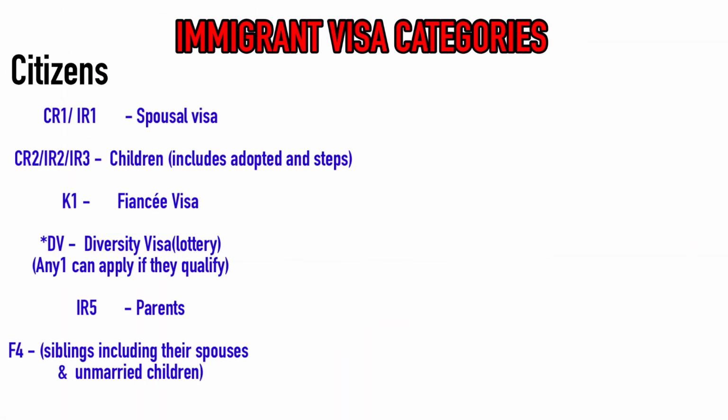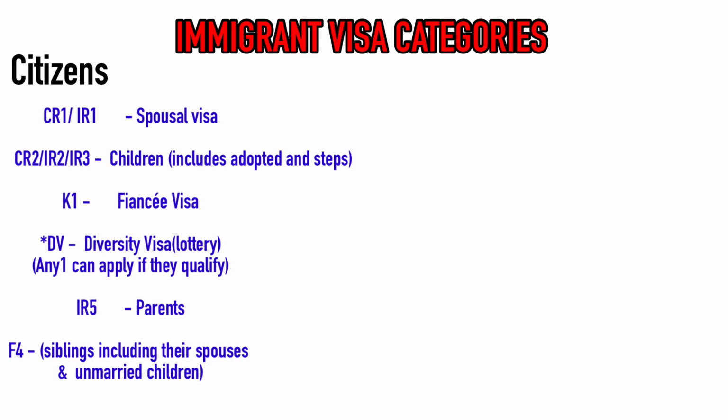Now, let's move on to the types of visas and what they mean under the immigrant visas. We have CR1. CR1 is the spousal visa, like if you're married to somebody and the person is filing for you to come. That is only with citizens. CR1 is a citizen filing for their spouse.